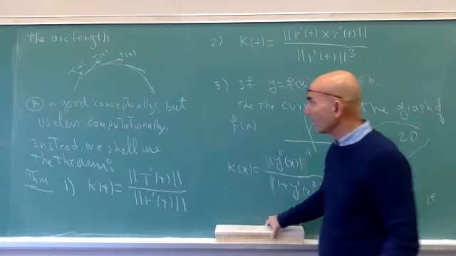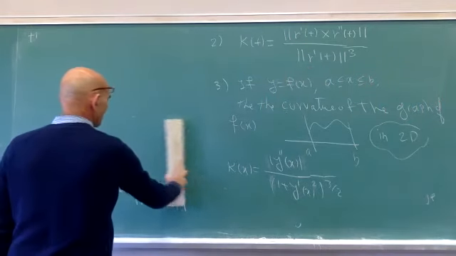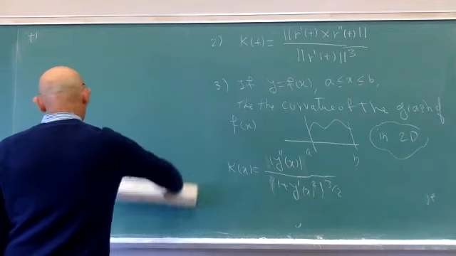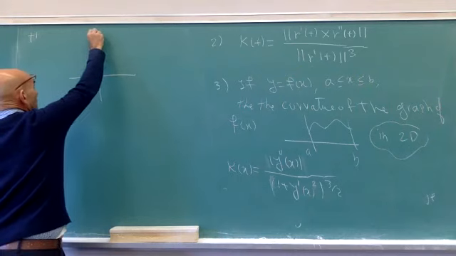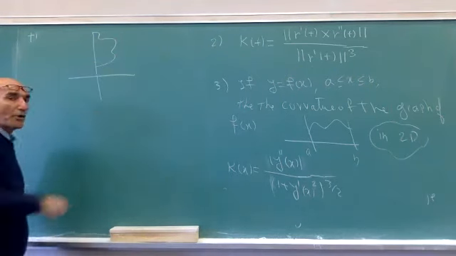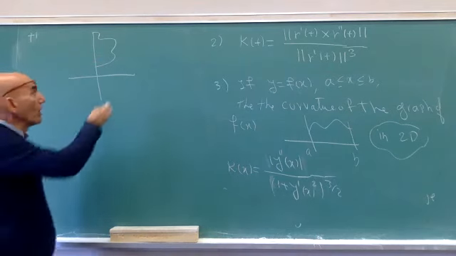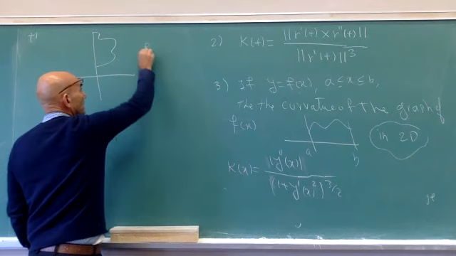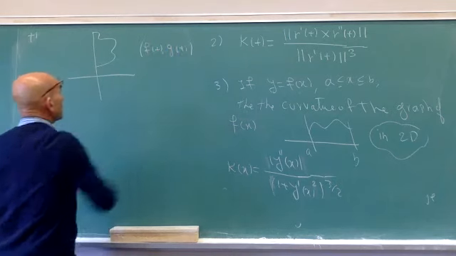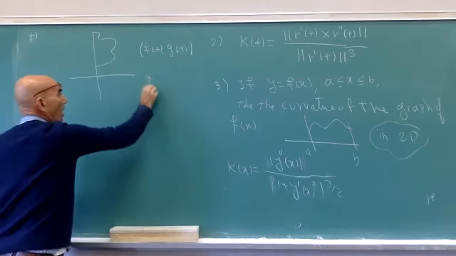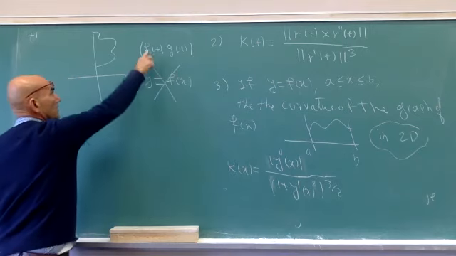Now imagine you have a curve like this in 2D. This is a curve, right? I can write this in parametric form, like f of t, g of t. But you cannot write it as y equal to f of x. But this is okay.